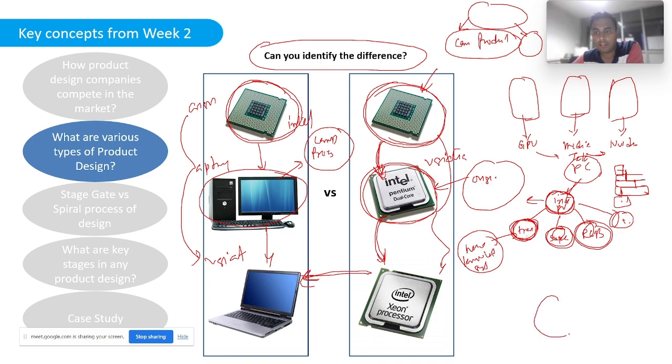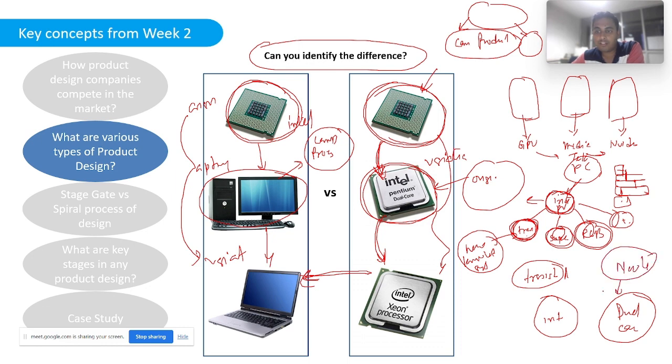If previous generation Intel processors have a different transistor, this is transistor one, and the dual core has a new transistor technology, then from this hierarchy the Intel processor and these dual cores are actually two different adaptive products. Am I clear? Yes, sir. It's how you see the product actually. There's nothing absolute.